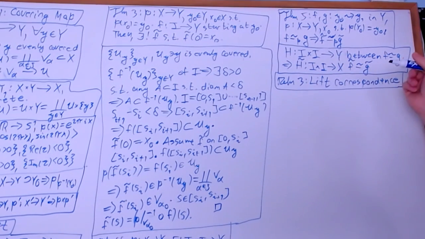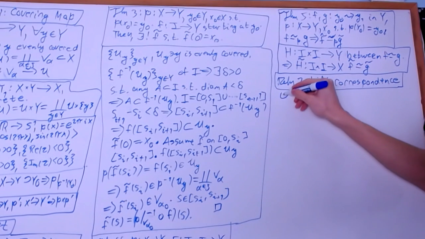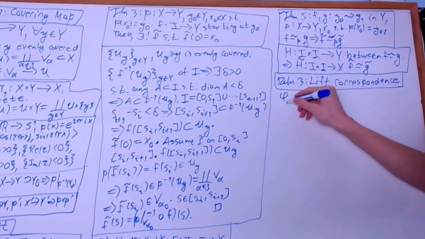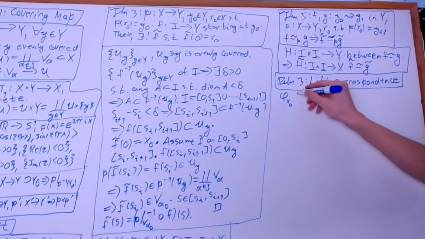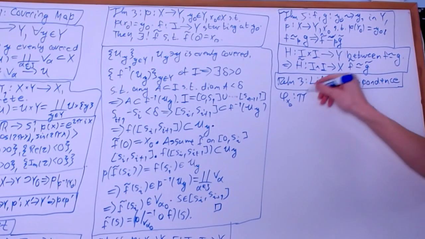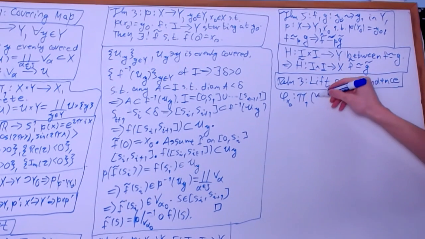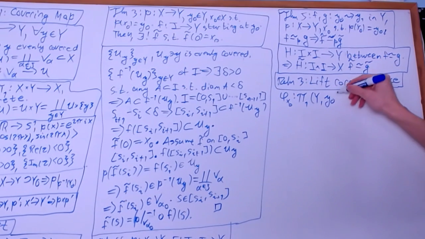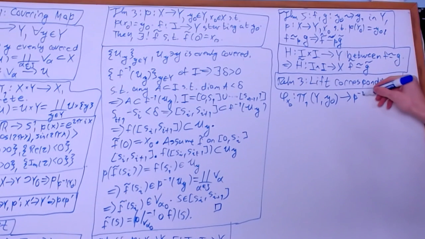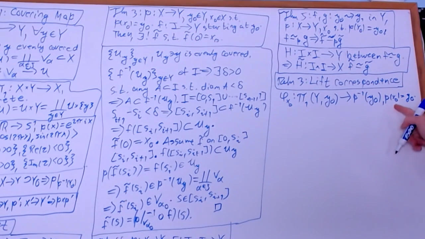And so basically, what we do is we define a new map, phi, where we pick a base point x0, and this will be a map that will take you from the fundamental group at y, at some base point y0, into p inverse of y0. And we need to have it that p of x0 is y0. And the reason for that is because we want the unique liftings according to this base point x0.